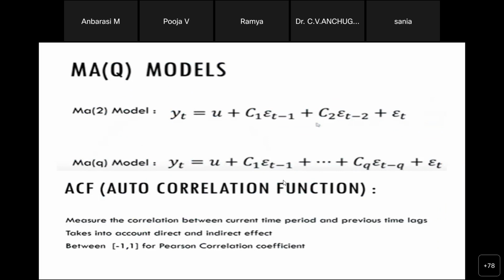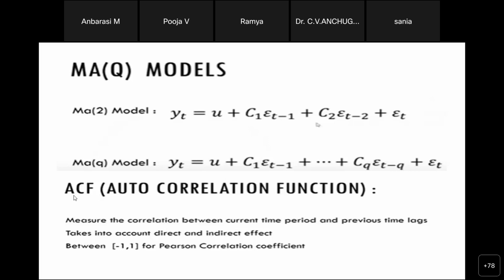So next, two functions we'll be using. One is the autocorrelation function, and another is the partial autocorrelation function. This autocorrelation function is used to measure the correlation between the current period and the previous time lags.